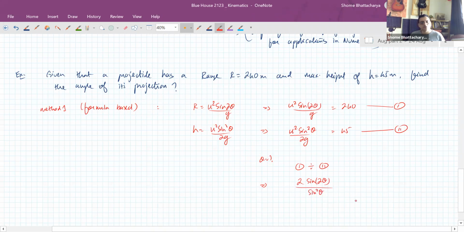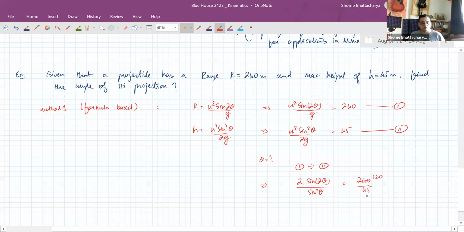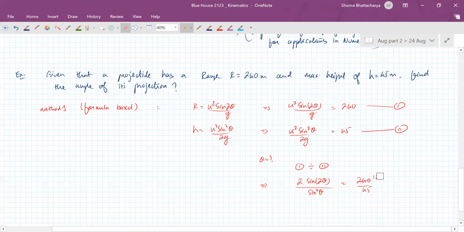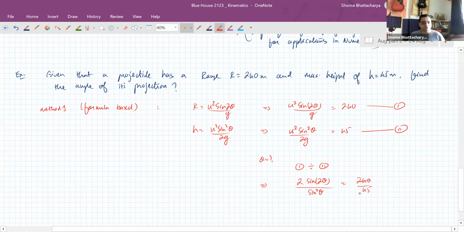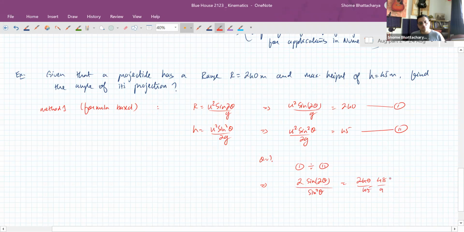Just check, you should be getting this. On the other side, dividing 240 by 45 and cancelling by 5, we get 48 by 9, which is further 16 by 3.